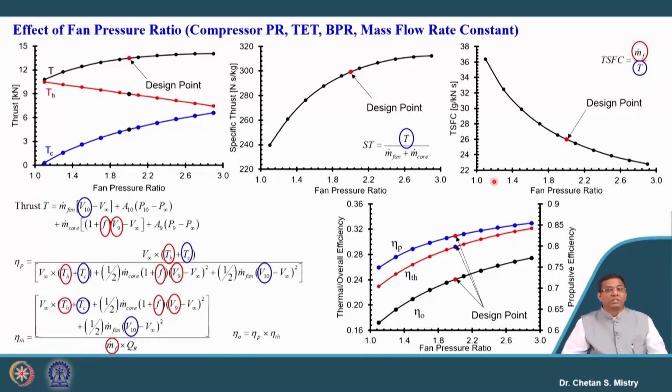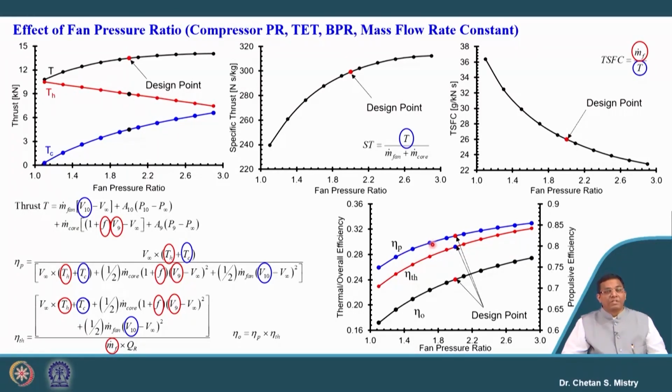So, this is representing my propulsive efficiency. You can see this efficiency is in the range of 70% to 85%. Same way here, this is representing my thermal efficiency. It says by increasing the fan pressure ratio, our thermal efficiency is going to increase.